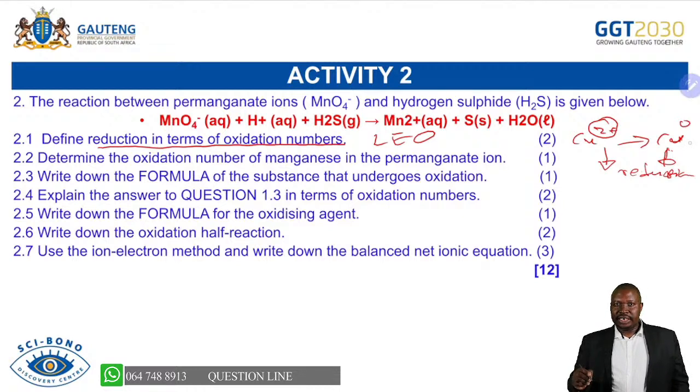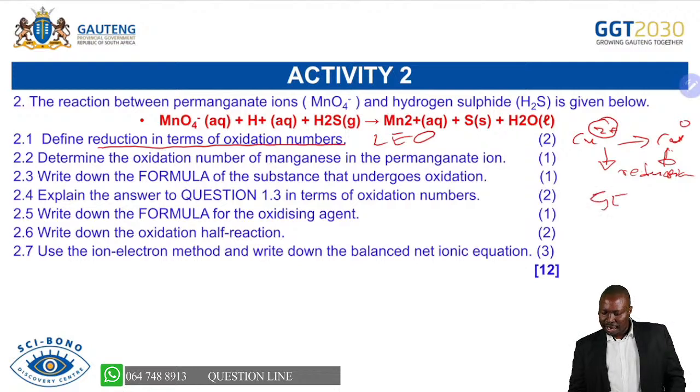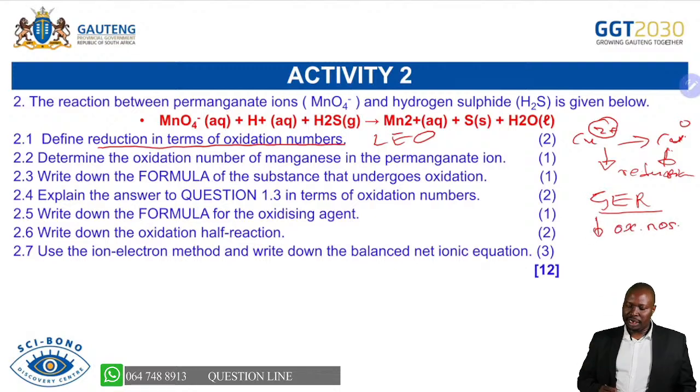But don't forget, if we talk about reduction in terms of electron transfer, you're going to say gaining of electrons is reduction. In terms of oxidation numbers, you'll say it's a decrease in oxidation numbers. So that's how you were dealing with it.